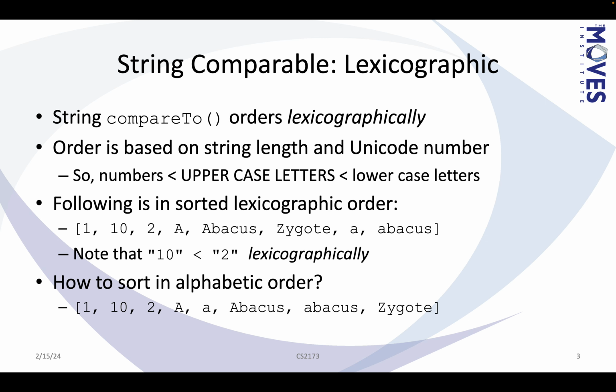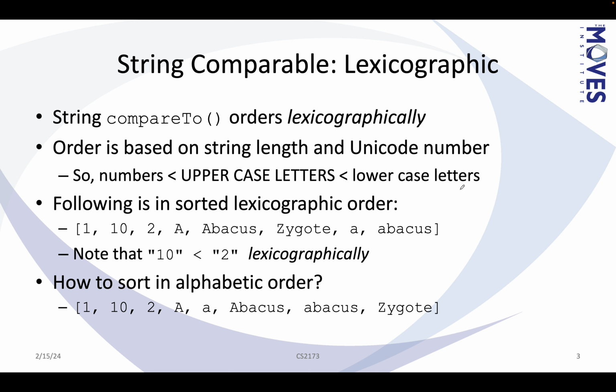Okay, so strings are a great example for this. They do implement the comparable interface, and this lexicographic thing is based on two things. One is string length, and that's also something where we do it alphabetically, but here's where it's a little different than what you might think. It's actually based upon the Unicode ordering of things.